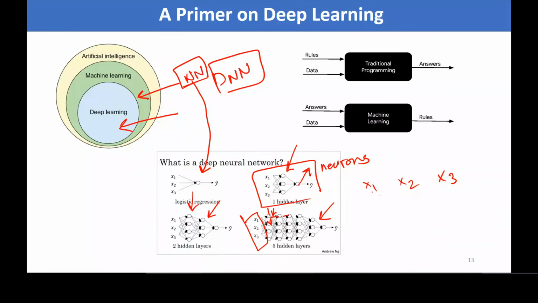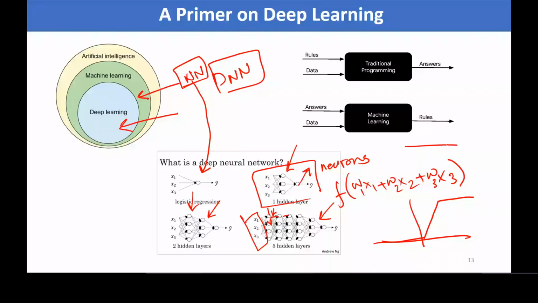In the case of acceleration, you can have many axes, X and Y and Z, and you can even combine groups of readings together. Then you multiply each one with a weight, and you add these together. And then you apply some kind of function. Most of the time, the function looks like this. This is called a ReLU, or could look like this. But the point is, it's a nonlinear function.